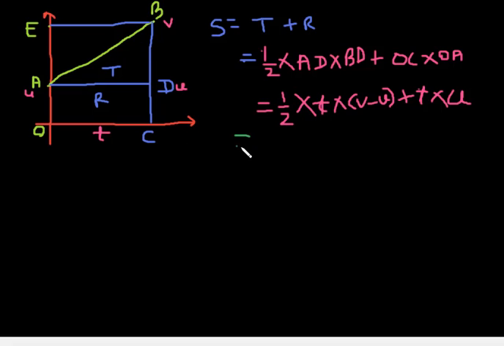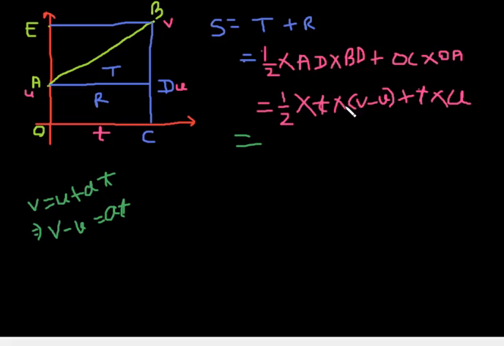Now V minus U. In the last video we proved the relation that V equal to U plus A into T. If I bring this U to the left hand side, it becomes V minus U equal to AT.